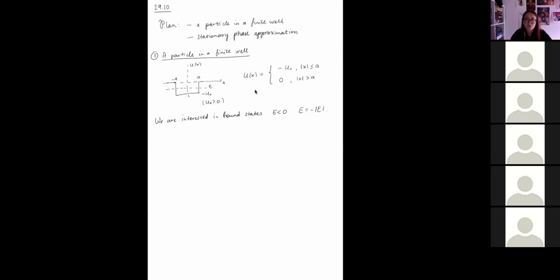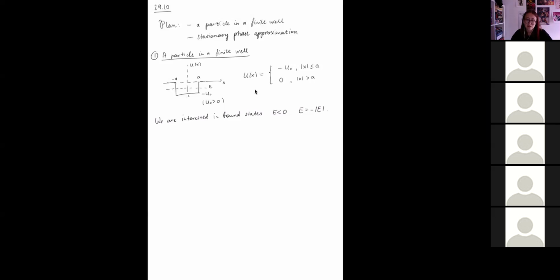So why are we only interested in the bound states? Well, because if we assume that the energy of the particle is bigger than 0, then that essentially means that for this particle, this potential well does not really change anything, and the solution of the Schrodinger equation for such a particle would be just a plane wave.